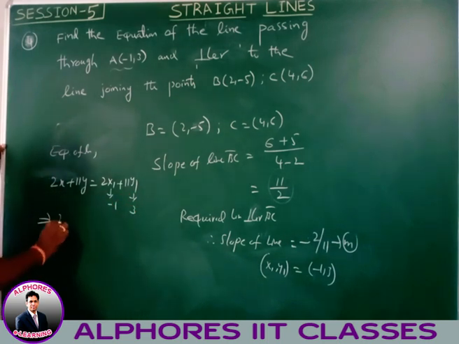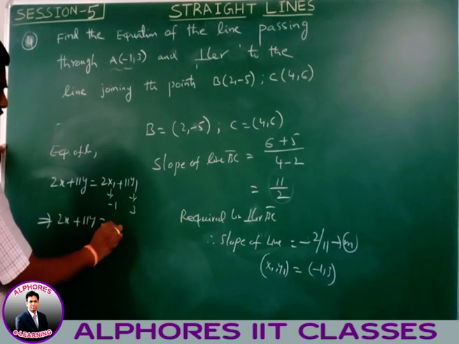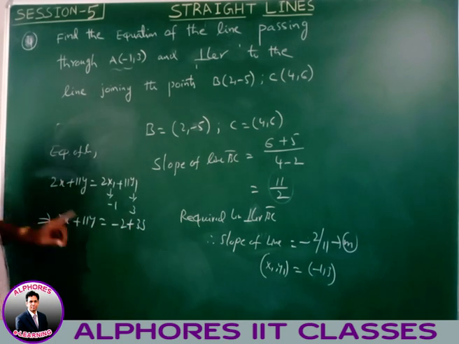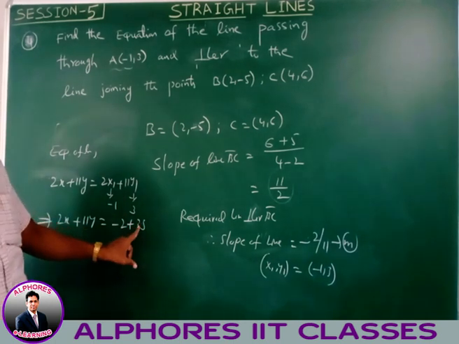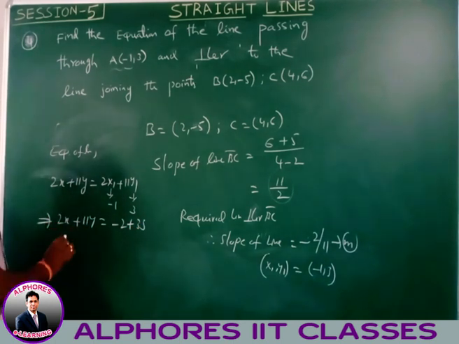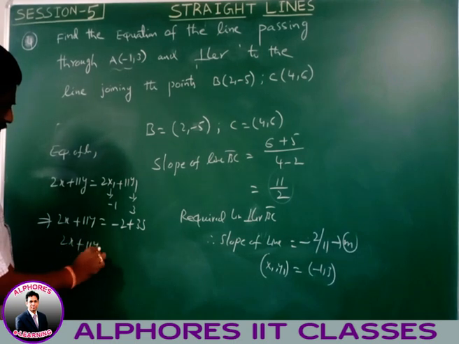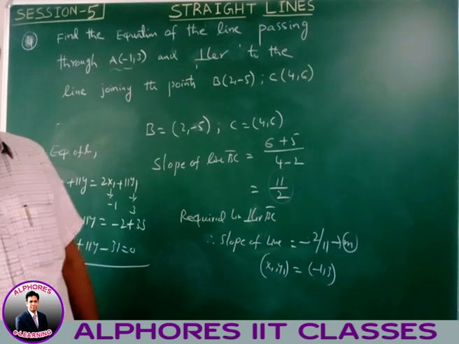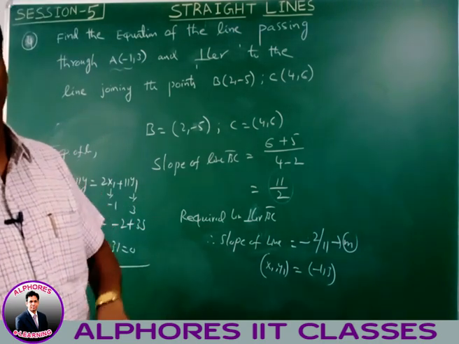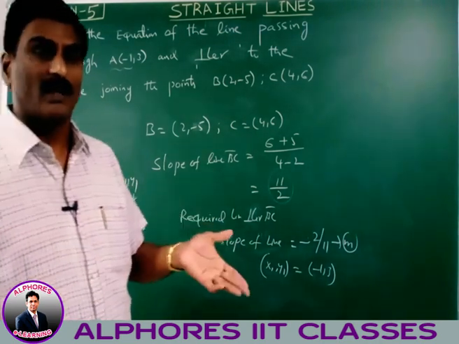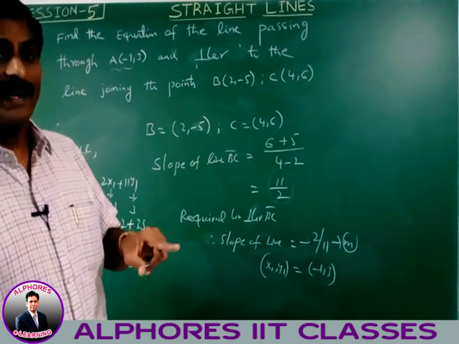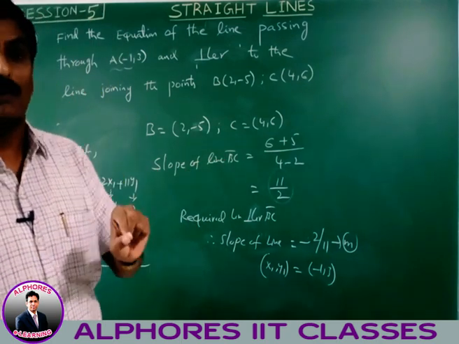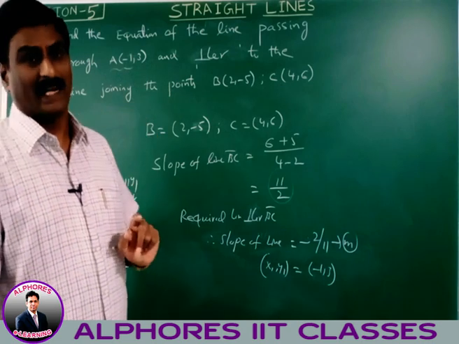That means 2x + 11y = -2 + 33. -2 + 33 means 31. That means 2x + 11y - 31 = 0. It is the equation of the required line. Please note this value. Parallel, perpendicular. If the lines are parallel, slopes are equal. If the lines are perpendicular, then m1 m2 is equal to -1. By using that property, we find the slope of the second line. Okay.